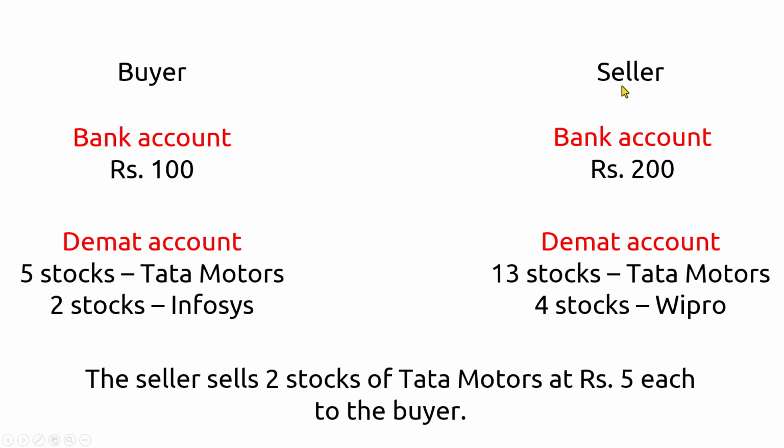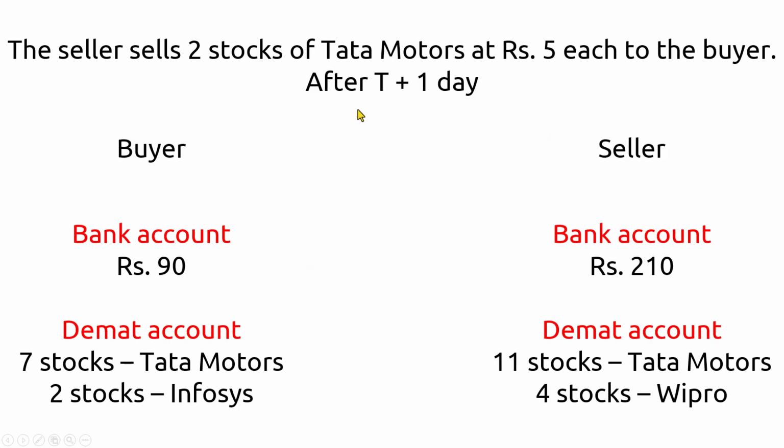And so, let us say that the seller sells 2 stocks of Tata Motors at 5 rupees each to the buyer. Let us say that the market price is 5 rupees. I have taken a small value to keep the math simple. Now what happens?